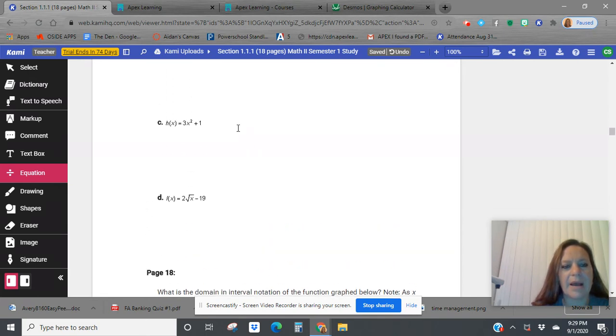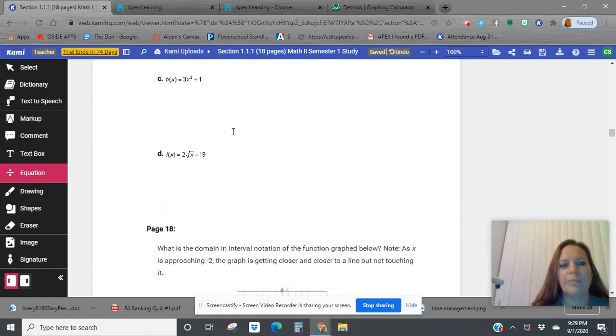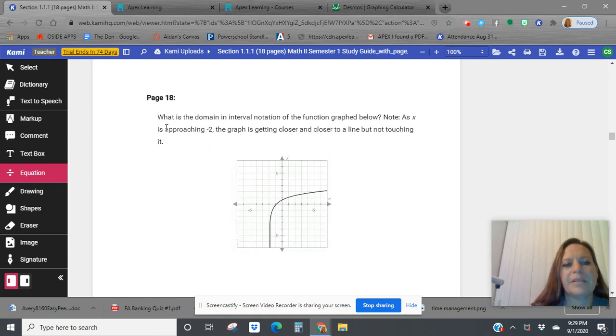All right, I'm not going to require you to do number C or D on this. It would come out to be the same thing with those little y-intercepts, but just for time purposes, page 18, what is the domain in interval notation of this function below? Note that as x is approaching -2, it's getting closer and closer but not touching. So my domain farthest left is going to go from -2 to infinity on the right.